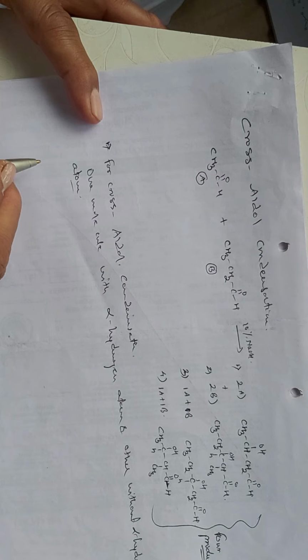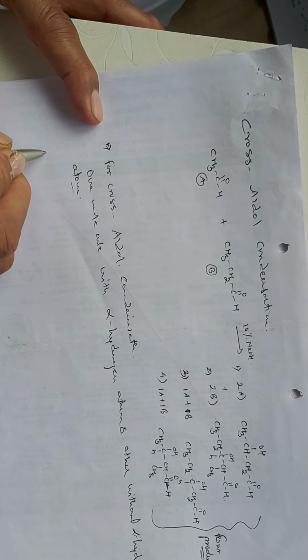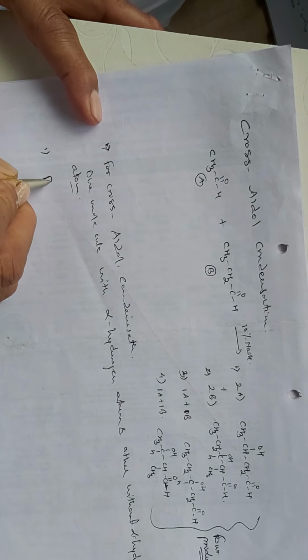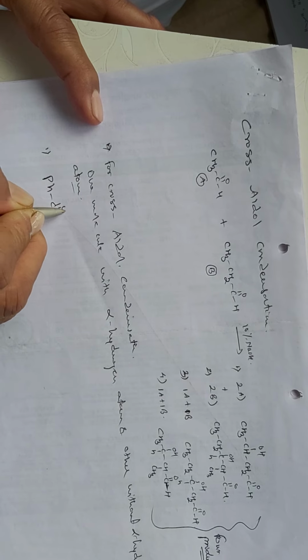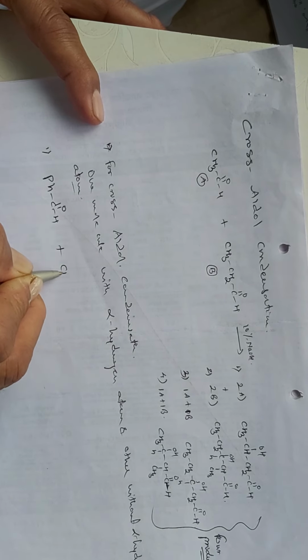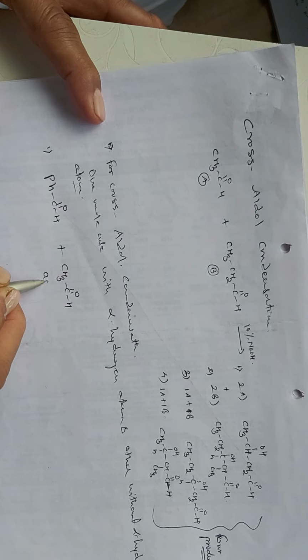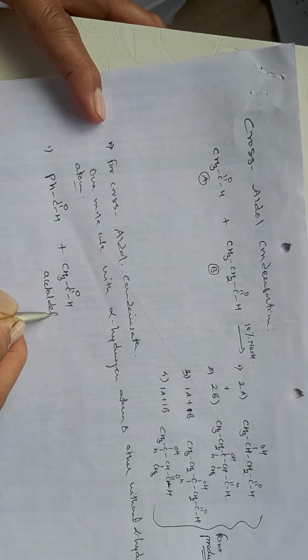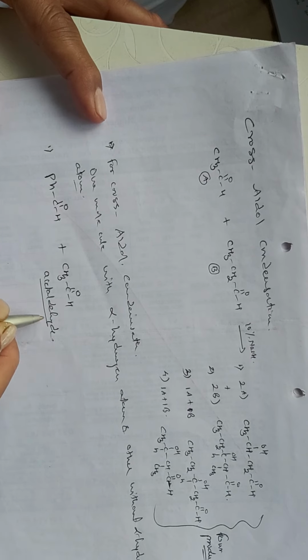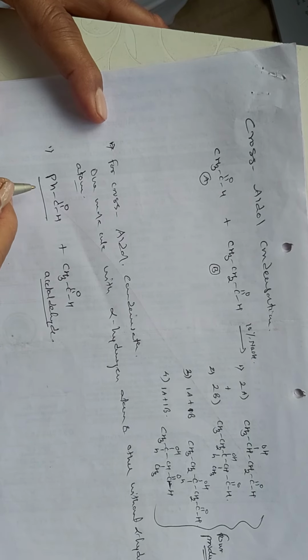A simple example: if benzaldehyde, PhCHO, is allowed to react with acetaldehyde, acetaldehyde contains alpha hydrogen atoms and benzaldehyde has no alpha hydrogen.